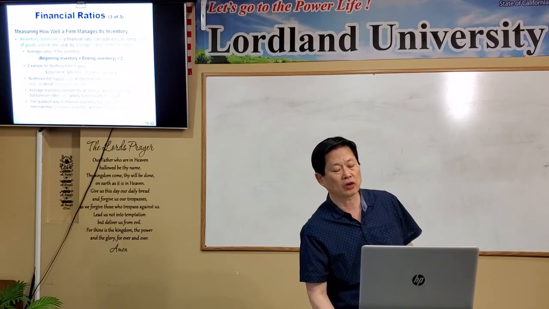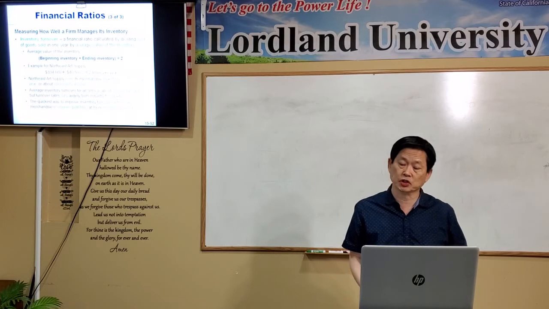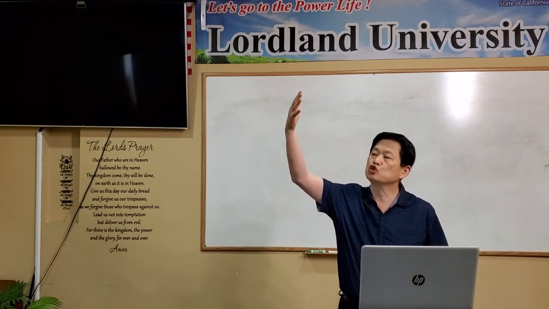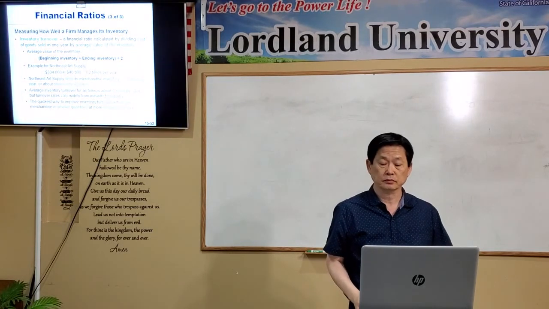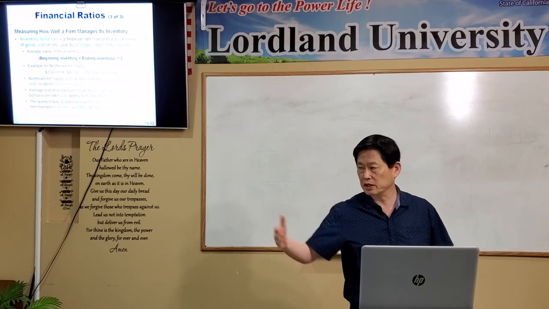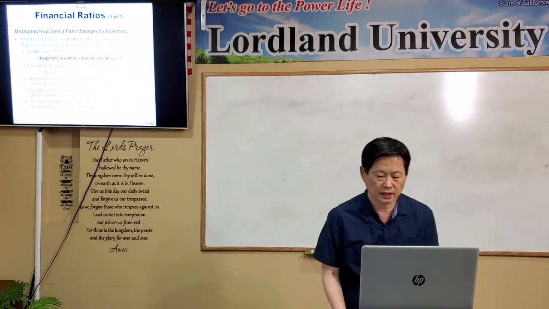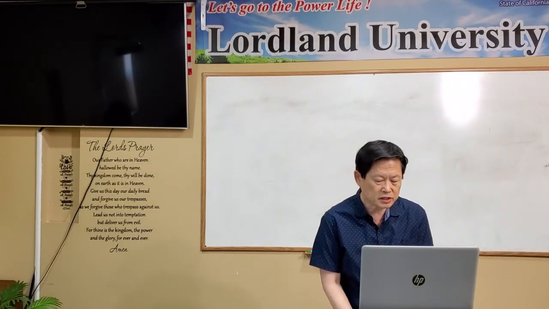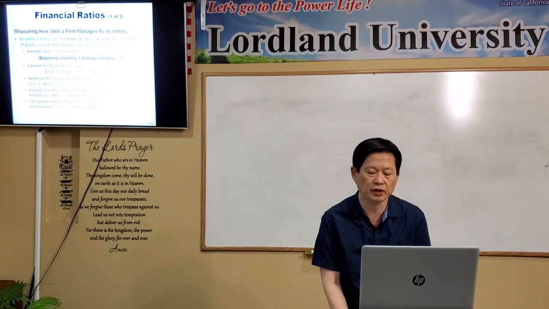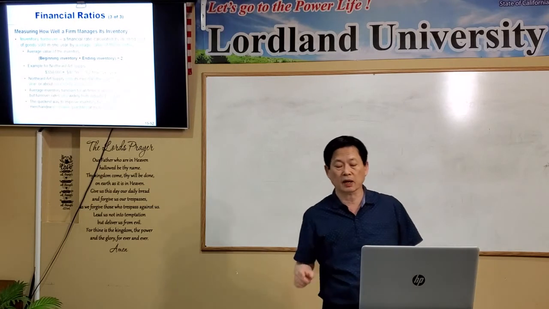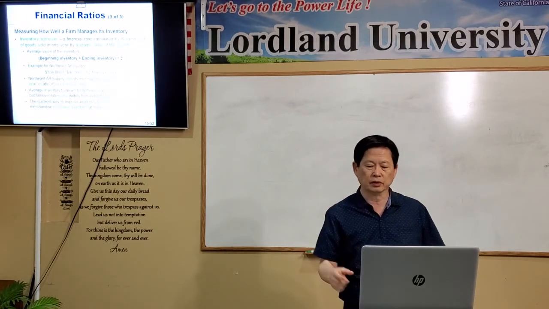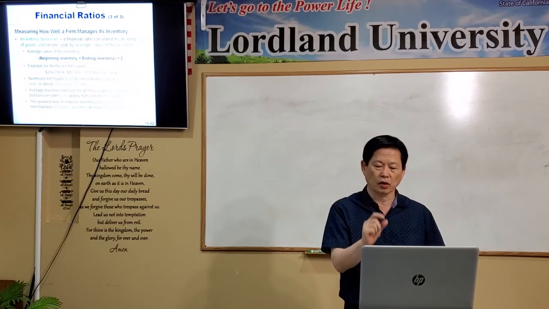It is calculated by dividing the cost of goods sold, the numerator, by the average value of inventory, the denominator. Okay? The average value of inventory is calculated using this formula: beginning inventory plus ending inventory divided by 2 equals average value of inventory.